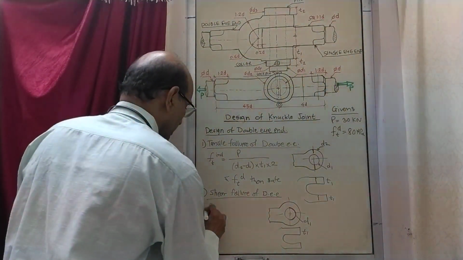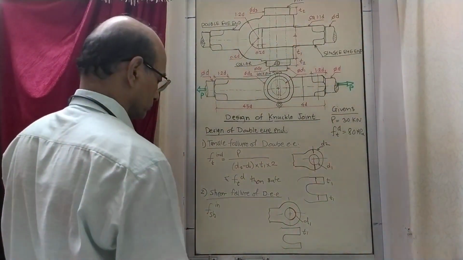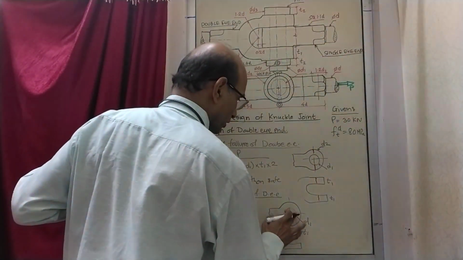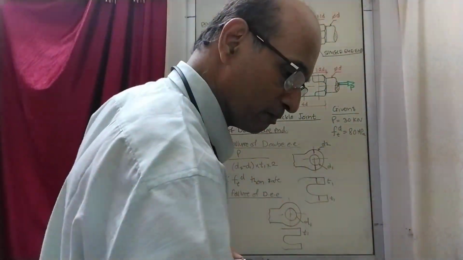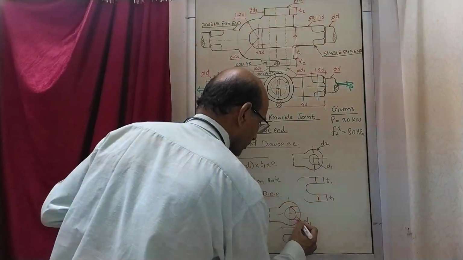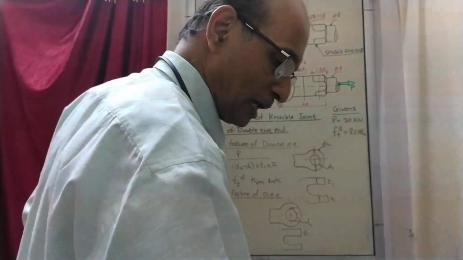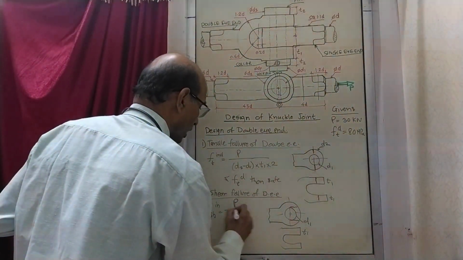So right here F shear induced. Now we are talking about projected area, not projected area, in fact it is this one. Here it is. So just like last time what we had done for single eye end, this will come as load upon area.